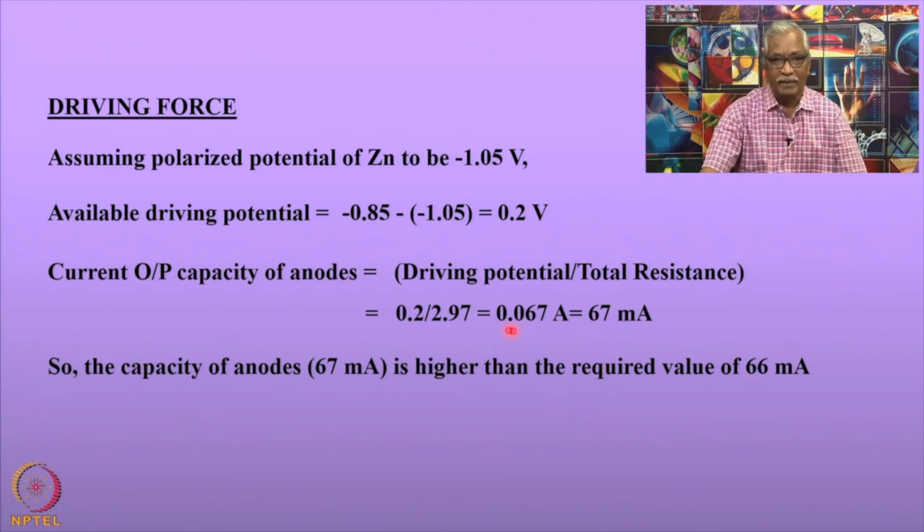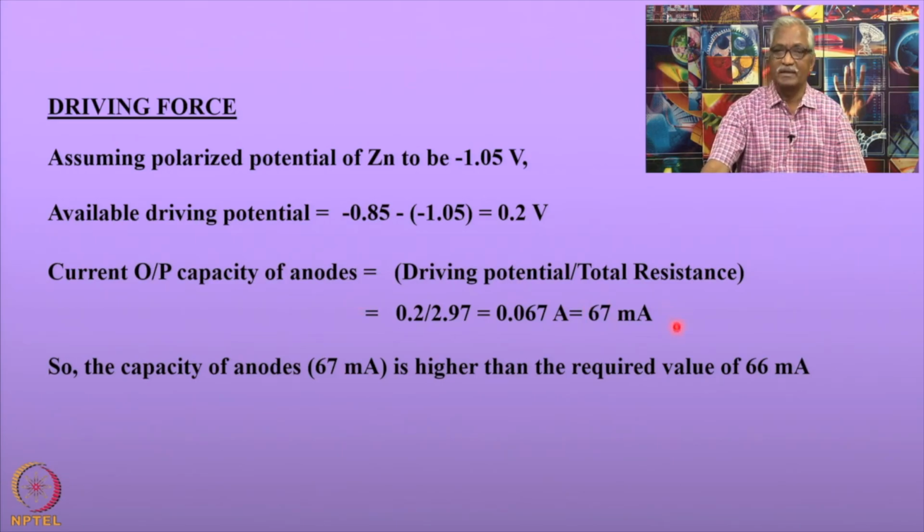So, coming back to this problem, if we have 4 anodes, these anodes can drive a current of 67 milliamperes given the resistance of 2.97 ohms.